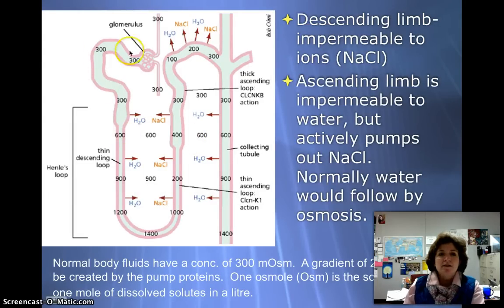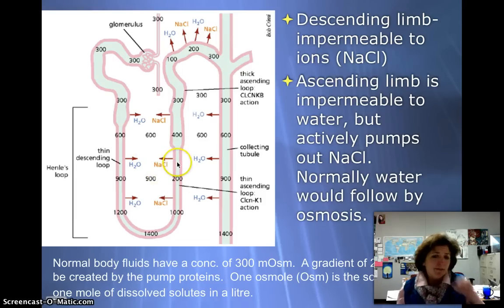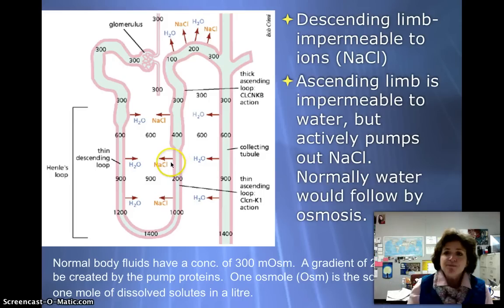The way it does this is that the first part of our loop of Henle has thin walls that are impermeable to sodium ions. There are no sodium channels in our descending loop. Then our ascending loop is impermeable to water, but it has sodium channels, so it actively pumps out sodium chloride.